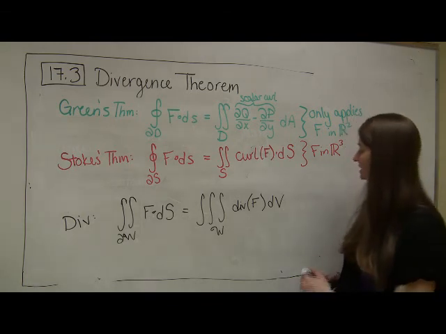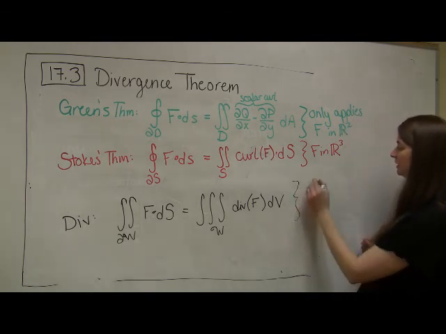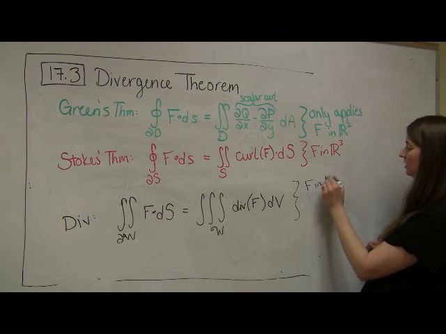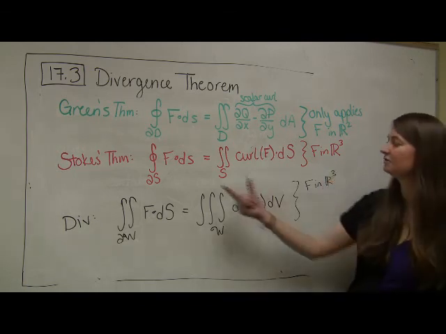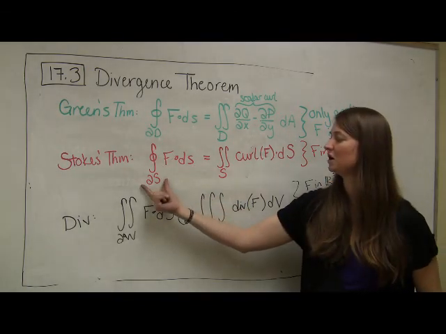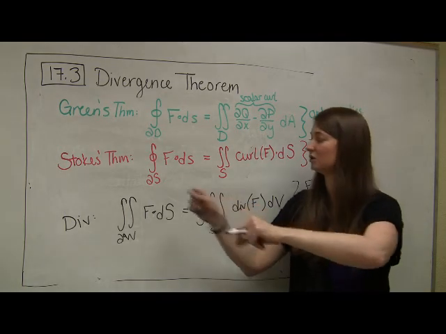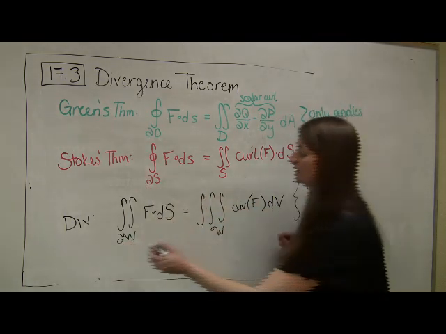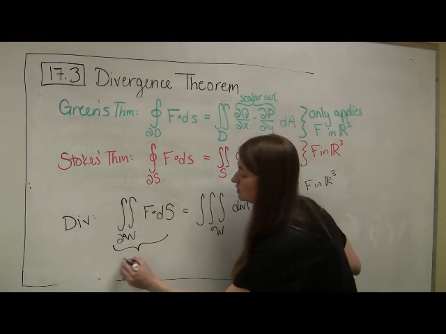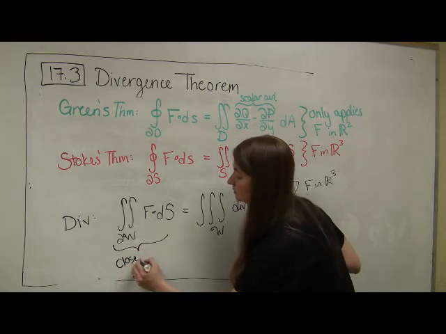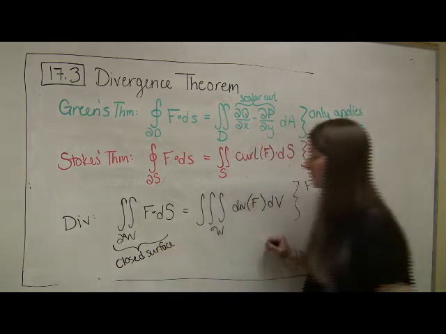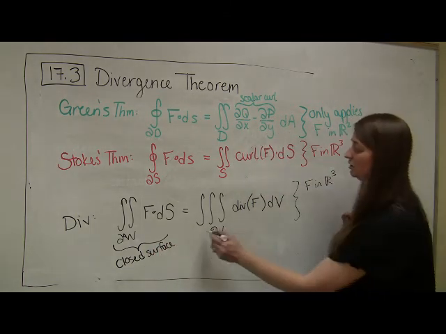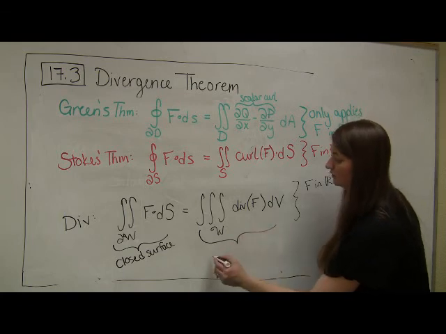Our F function is still typically in R3. But instead of being interested in computing something along a linear boundary, because these are all line integrals, now we're looking at the double integral over a closed surface being equal to the triple integral over the volume of that surface.